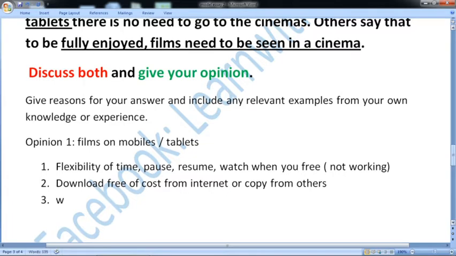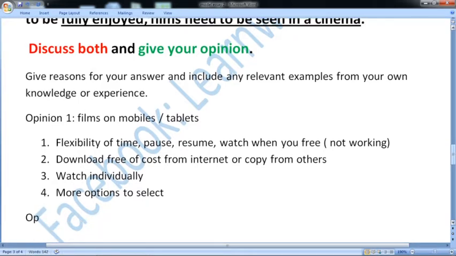We can watch individually, not in a group. Individually. Number three is, when we watch movies on mobiles or tablets, there is not only one movie, we have options. So there are more options to select.